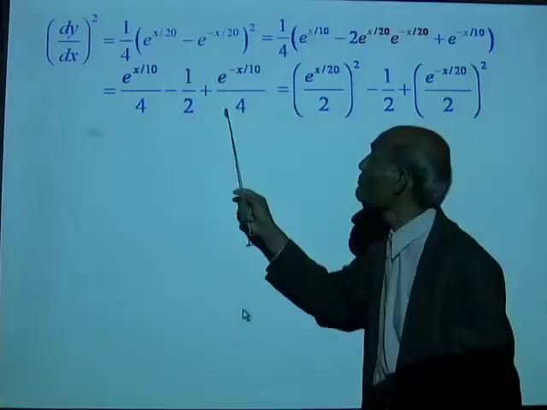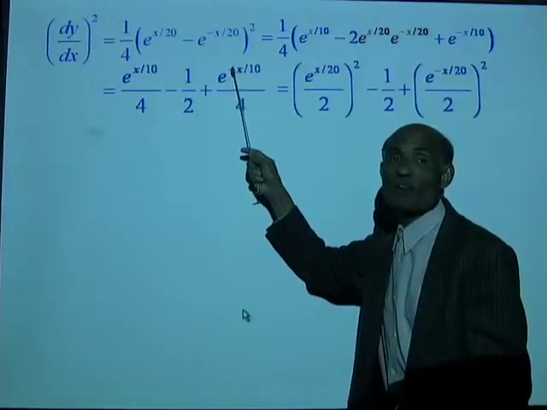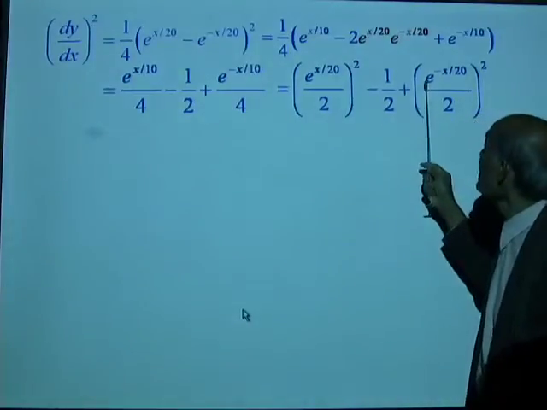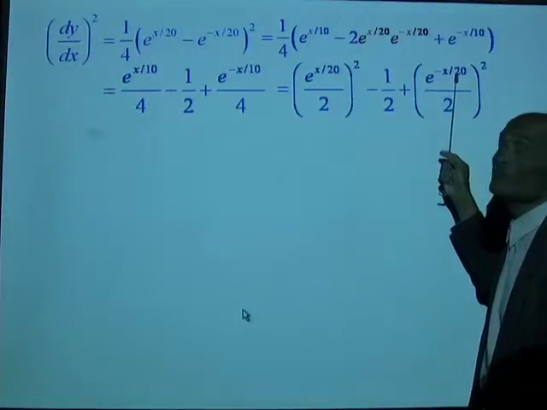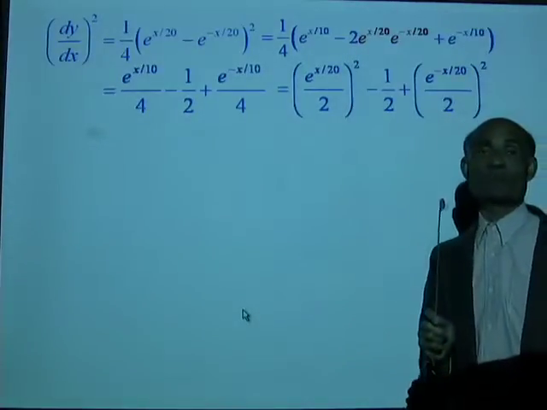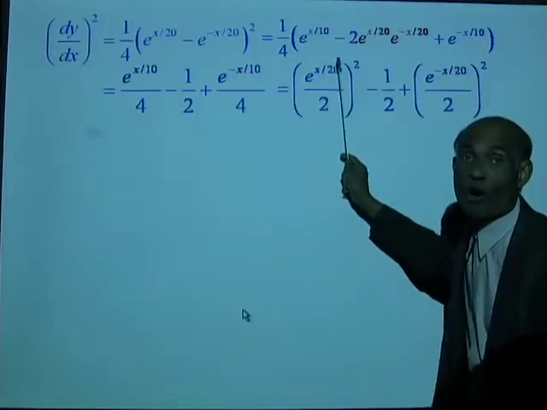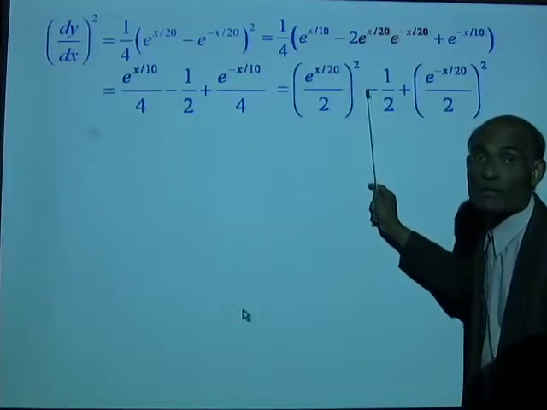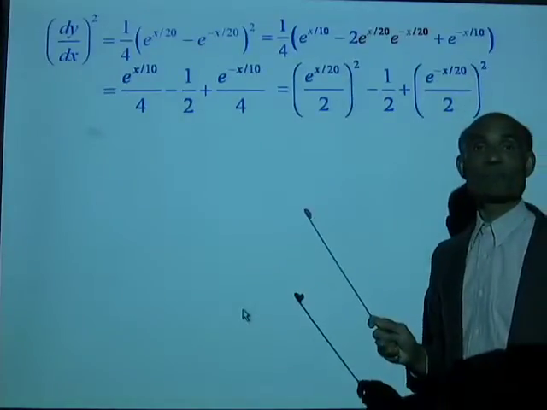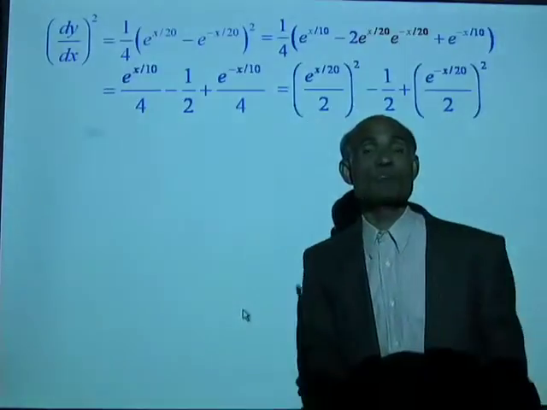And how do you write this as the square of a quantity? e to the power of negative x over 10 over 4 can be written as e to the power of negative x over 20 over 2, the quantity raised to the power of 2. Alright, so this is now of the form a squared minus 1/2 plus b squared. Right, that is dy by dx, the quantity raised to the power of 2.